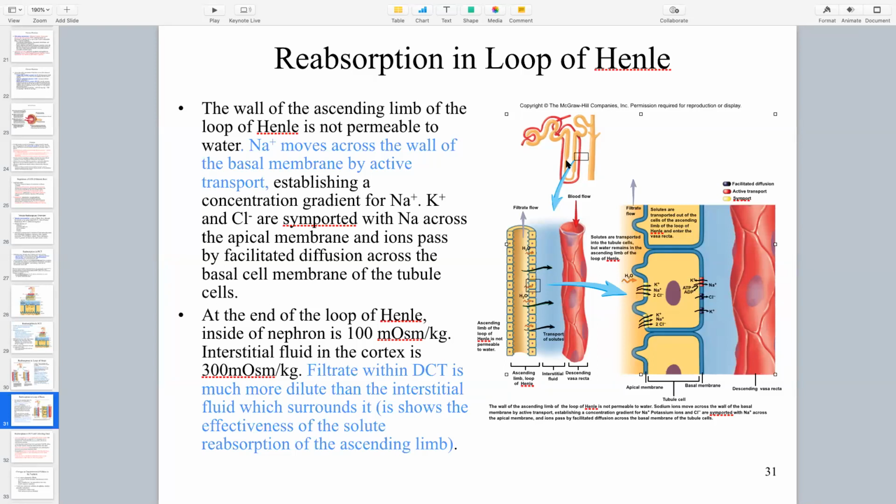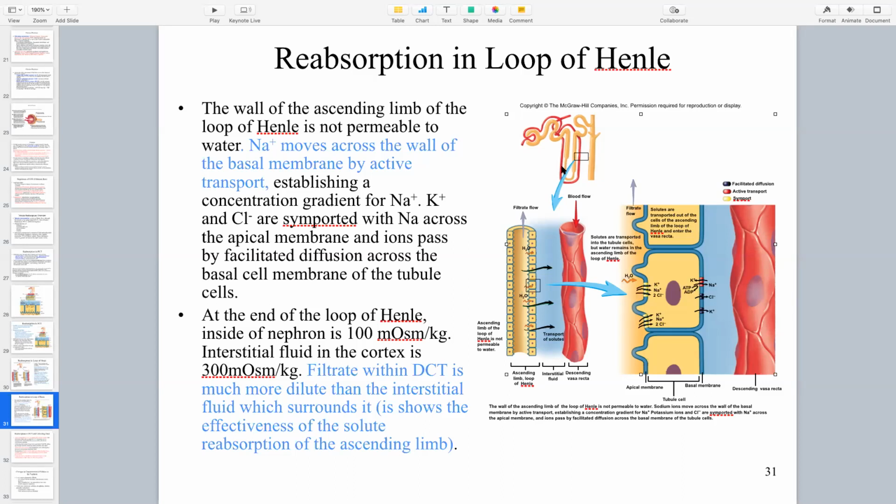From the descending loop, that water is drawn to the high salt environment in the interstitial space. As that water goes into the interstitial space, you're adding water to a solution. What happens? You dilute that solution, all right? Because you start adding water to the interstitial space, that water starts to have an effect and dilute it.